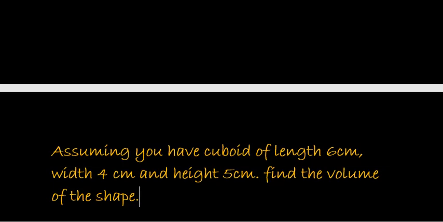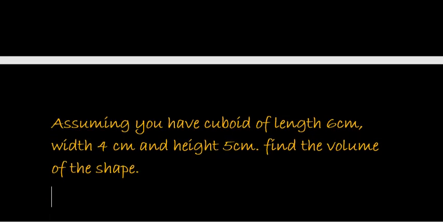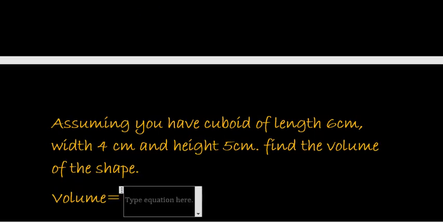Note that we said to find the volume you need a three-dimensional object. So our volume will be obtained by finding the product of the length times the width times the height.